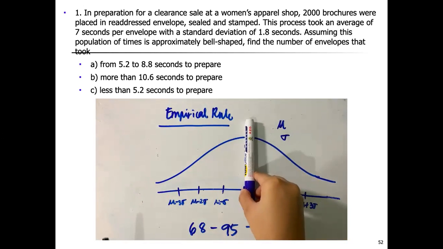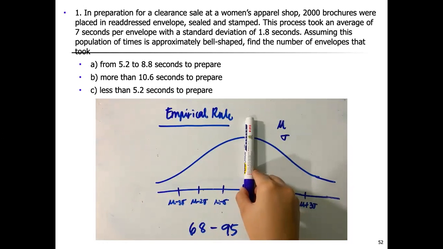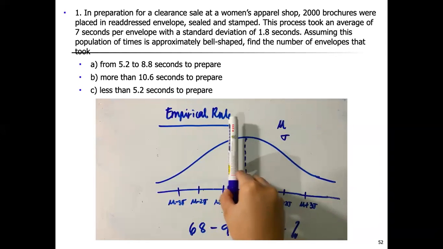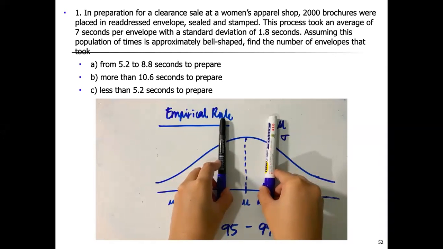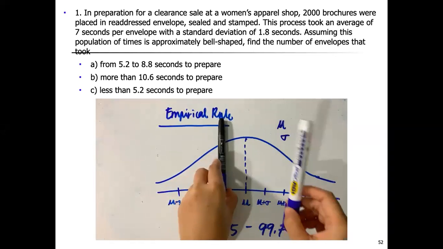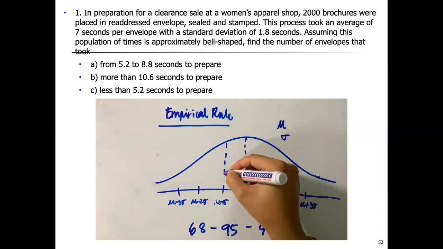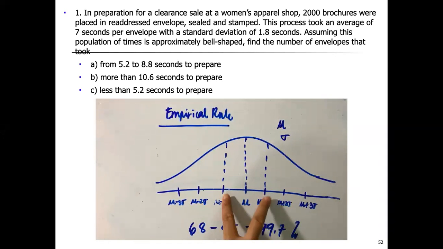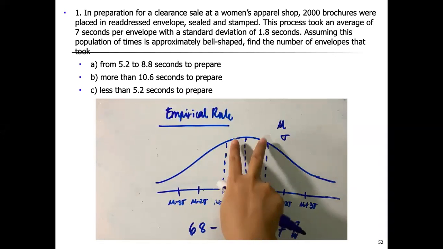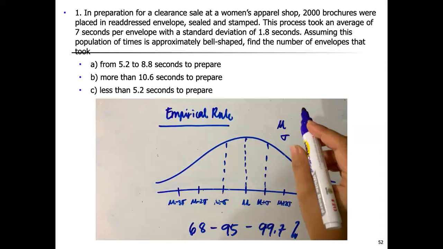If this is your mean, one standard deviation above the mean is this one, and one standard deviation below the mean is that, going to the left. So approximately 68% of your distribution is found within this region. Let me indicate that. Within this region, this would be 68%. Since this is symmetric, the 68% will be divided into two equal parts.